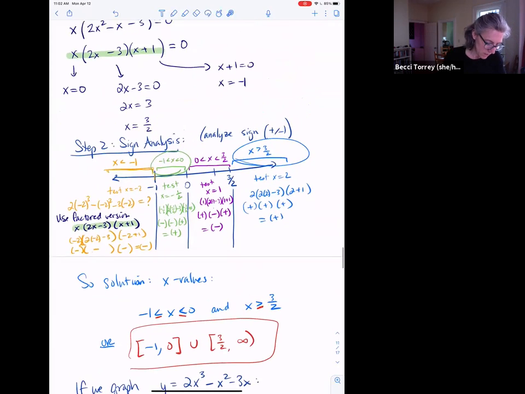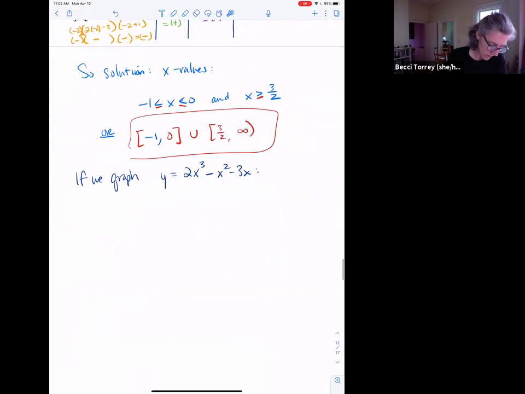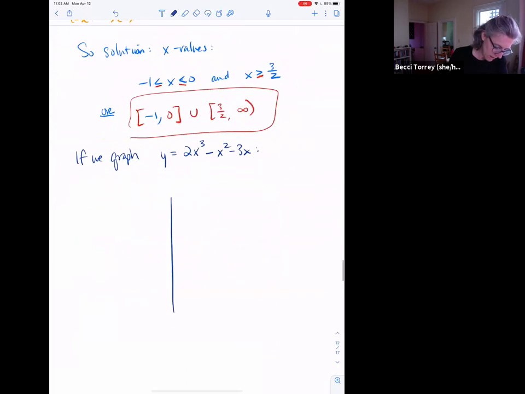The places where it's equal to 0, we found are x equals 0, x equals 3/2, and x equals -1. So if we were to graph this, we know that at -1, it's going to go through the x-axis. It's going to go through the x-axis at 0, and here's 1, and here's 2, and here's 3/2. It's going to go through the x-axis at 3/2.